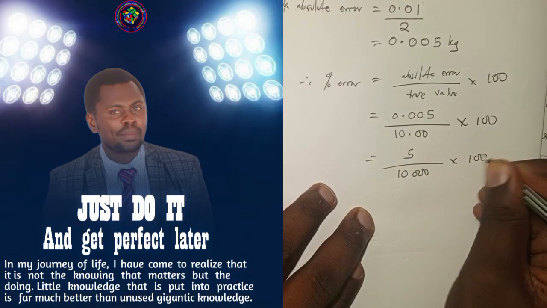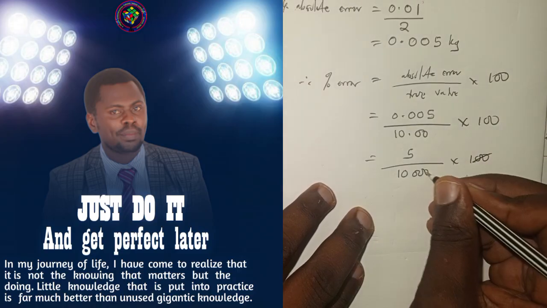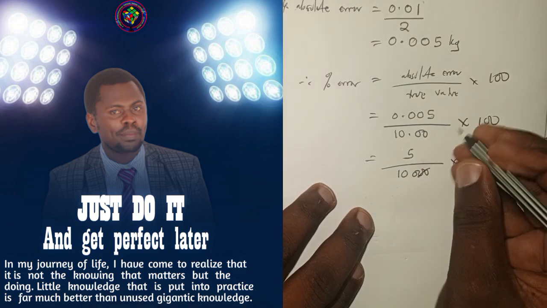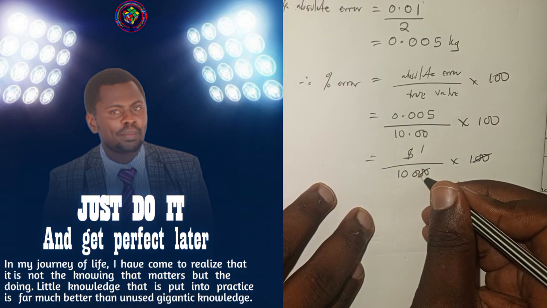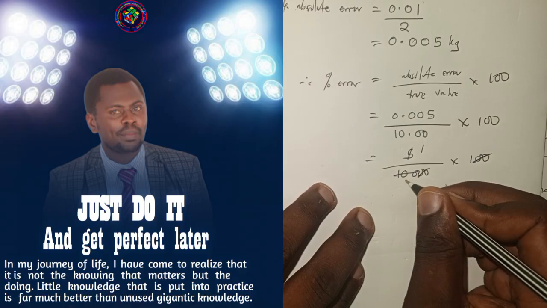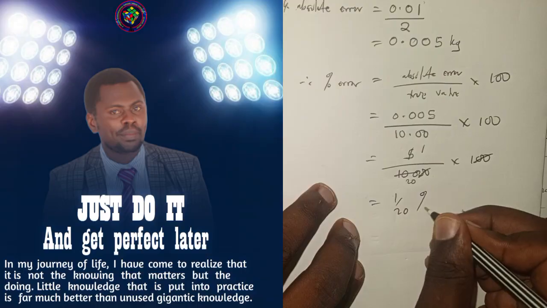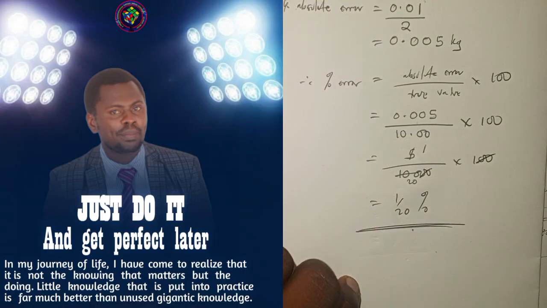Then multiply by 100. Okay, now let us simplify. So here we can just cancel out 2 zeros and 2 zeros from 10,000. Then you say 5 in 5 is 1. 5 in 100, that is 20. So you get 1 over 20%. That is the percentage error.